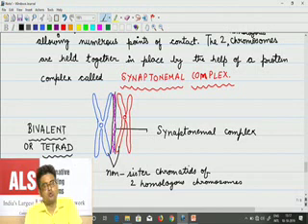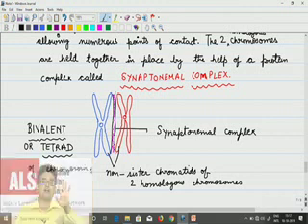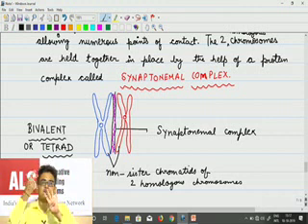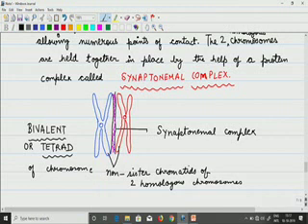Bivalent because 2 chromosomes are there, and tetrad because a total of 4 chromatids are there, 2 sister and 2 non-sister, because they belong to different chromosomes. So just write this in between.